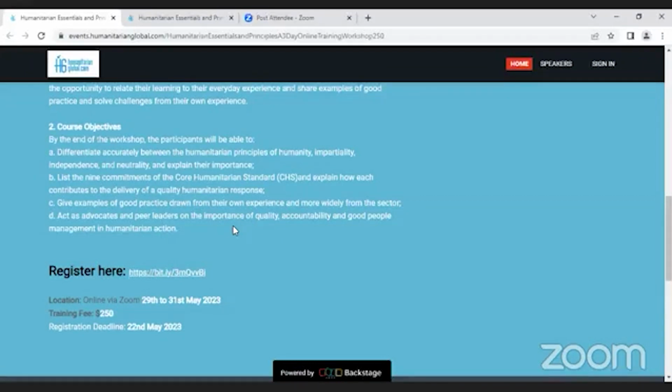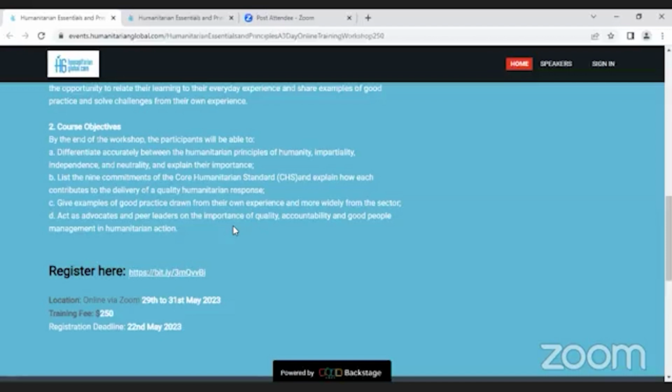You will be able to understand the 9 commitments of the core humanitarian standards, which all international organizations work under. All non-governmental organizations follow the CHS under their work. And even now, governments are gearing towards following the core humanitarian standards in their day-to-day work with other organizations as well as individuals.